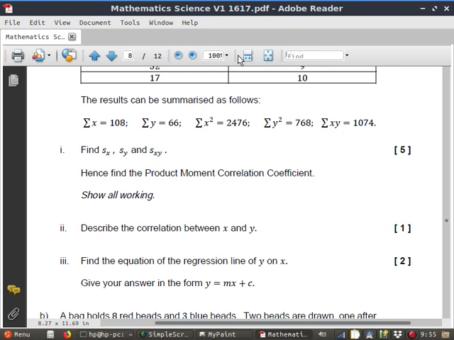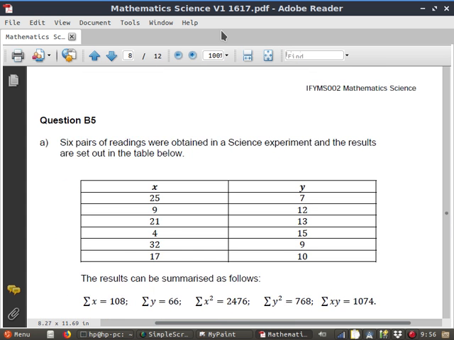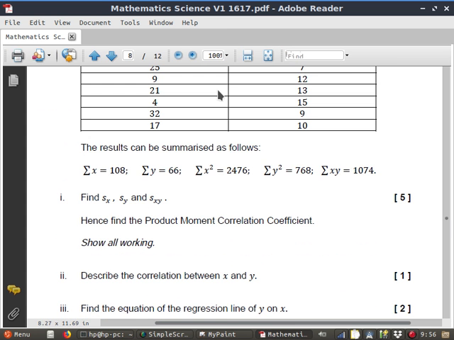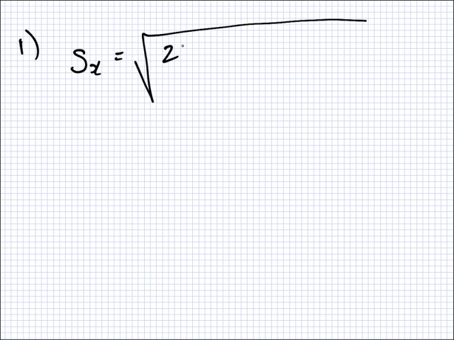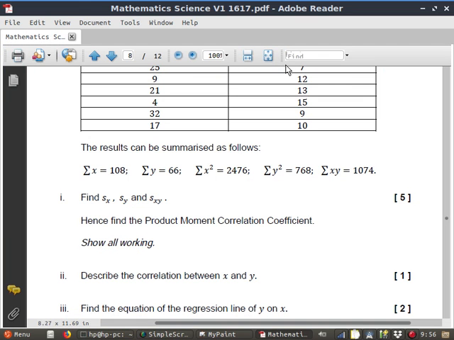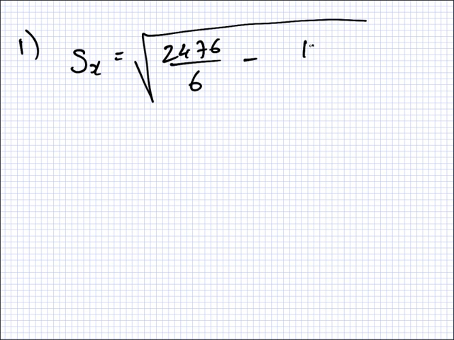I'll need this. How many are there? 6, is it? 2476 over 6 minus 108 over 6 squared. What does that work out as?